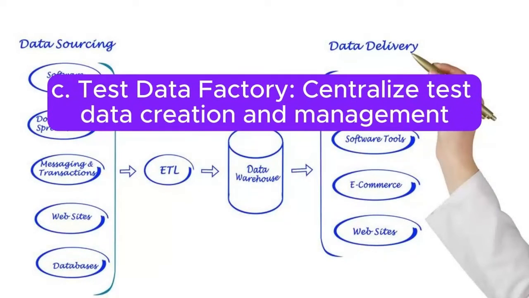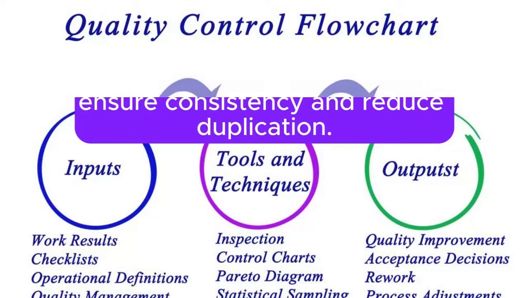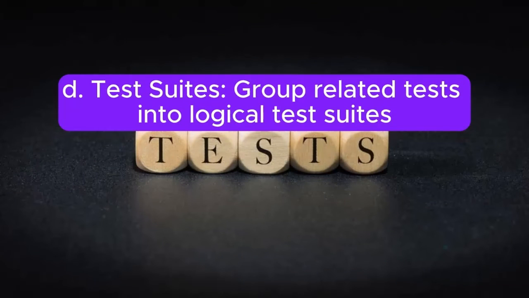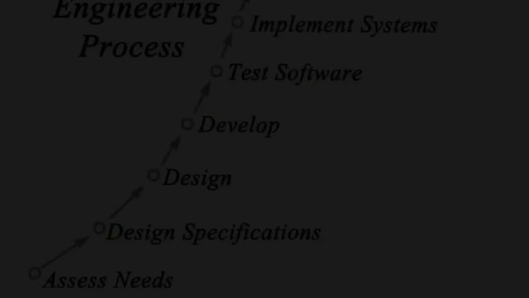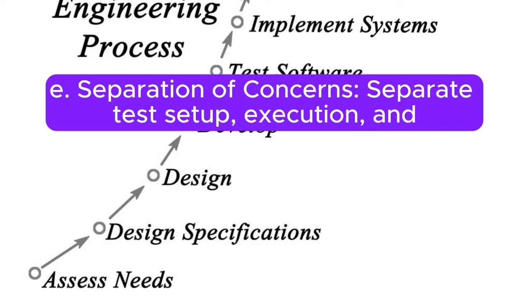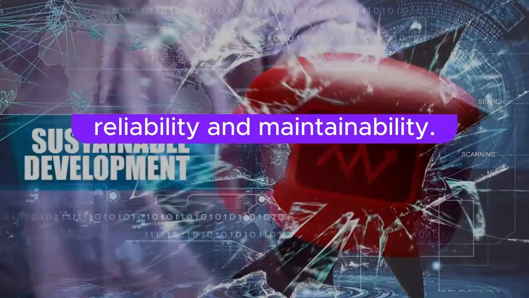C. Test data factory. Centralize test data creation and management in utility classes or factories to ensure consistency and reduce duplication. D. Test suites. Group related tests into logical test suites based on functional areas or use cases to organize and prioritize testing efforts. E. Separation of concerns. Separate test setup, execution, and teardown logic to isolate dependencies and improve test reliability and maintainability.